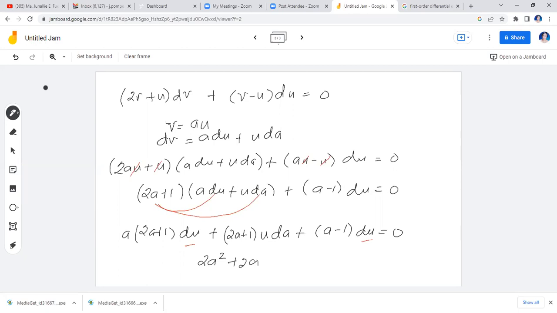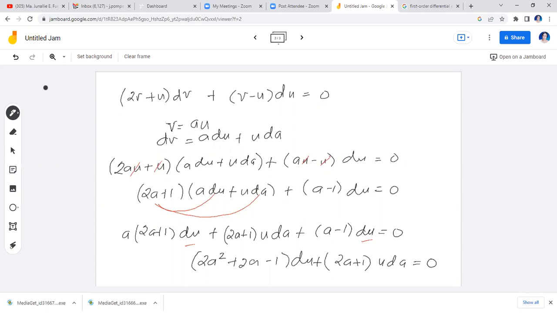And I have here minus 1, du. And on the other side I have 2a plus 1 times u dA equal to 0.